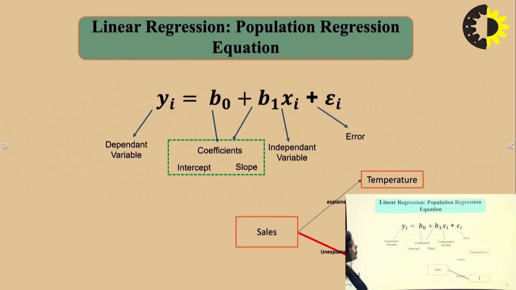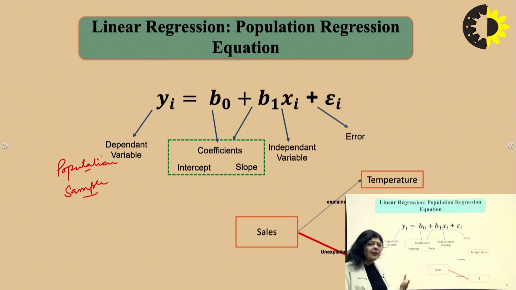Now, another aspect in regression modeling is that we have to understand the difference between the population and the sample, right? So mostly you see that there is a term which is called population. What do we mean by population?